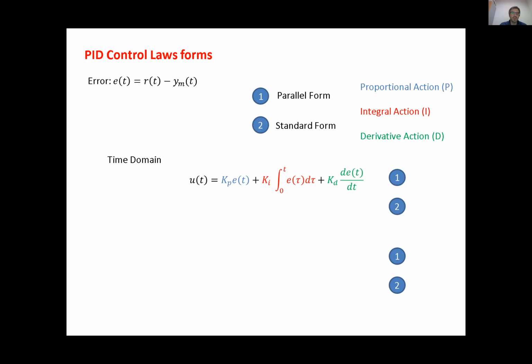And whenever we write a PID, we can have two forms, two structures. This is the parallel form, and this is called the standard form. And you see that in the parallel form you have gains Ki and Kd, while in the standard form for the integral you relate the value of Ki to the value of the proportional, and you use Ti, that is the time constant of the integrator, and the same for the derivative.